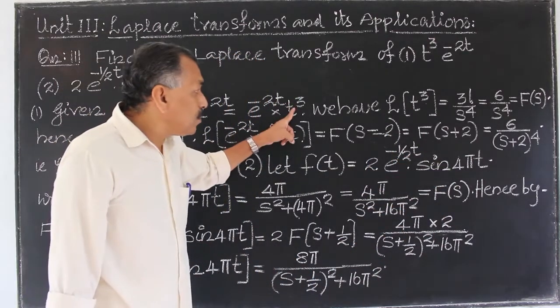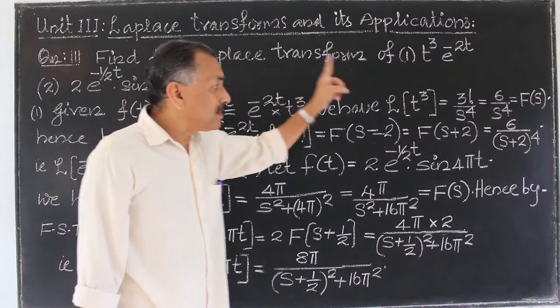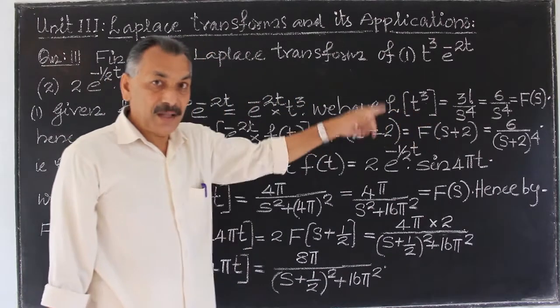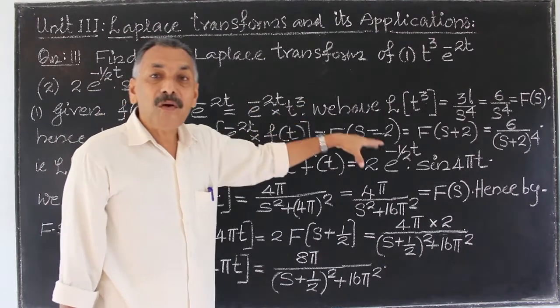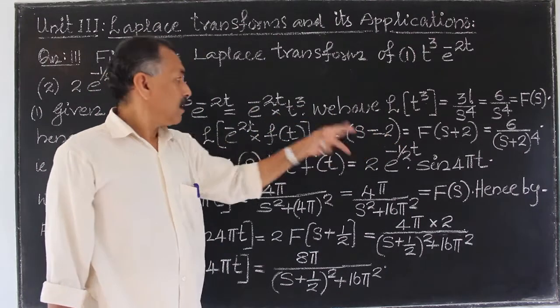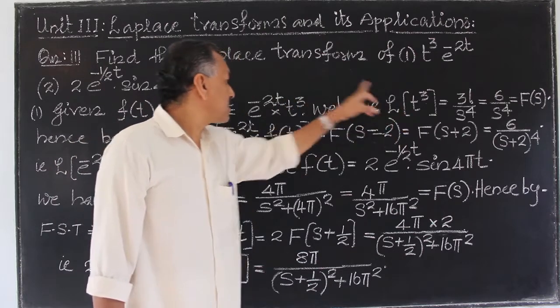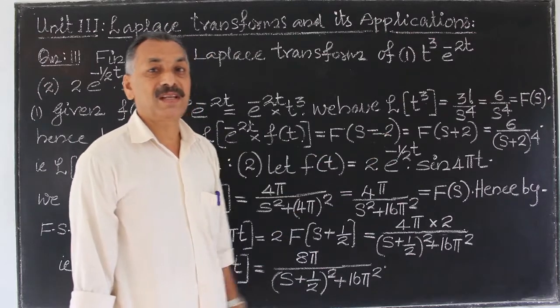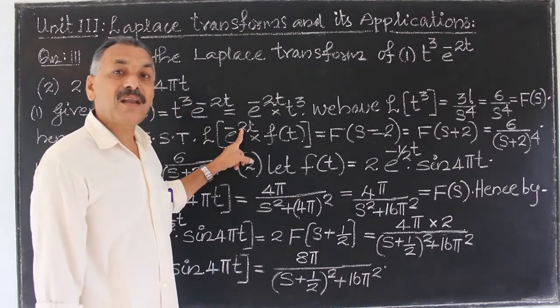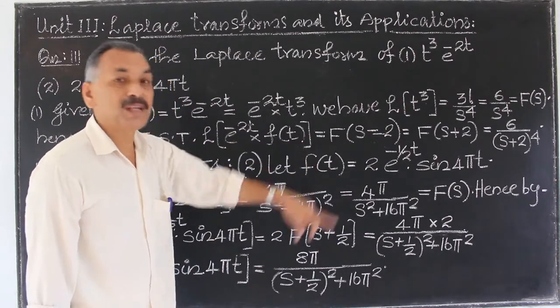That is t cube, the transform L of t cube is equal to F of s. Then L of e raised to at into t cube is equal to F of s minus a. But a value here is minus 2, that is F of s minus a, F of s plus 2.